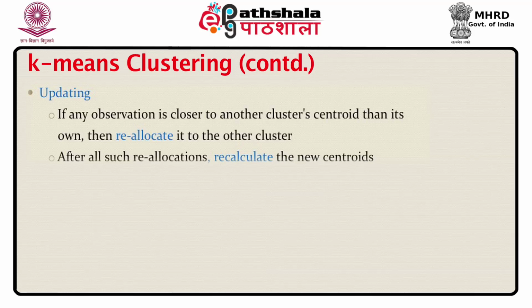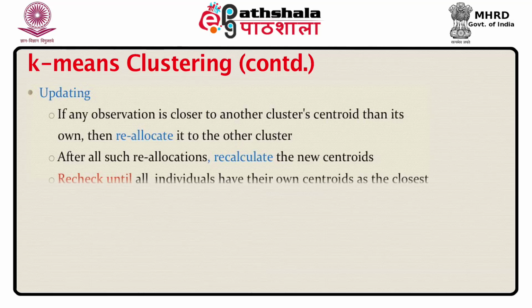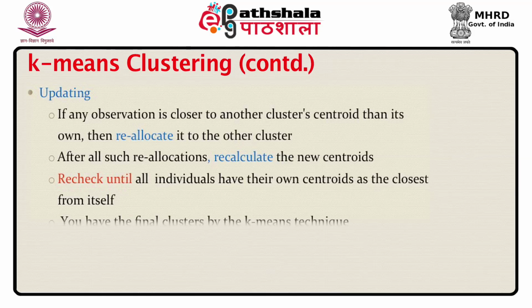To the nearest cluster centroid it is closest to, and once we have done all this reallocation, we need to calculate the cluster centers again. So having recalculated the new cluster centroids, we again look at whether any individual is closer to another cluster center than to its own.